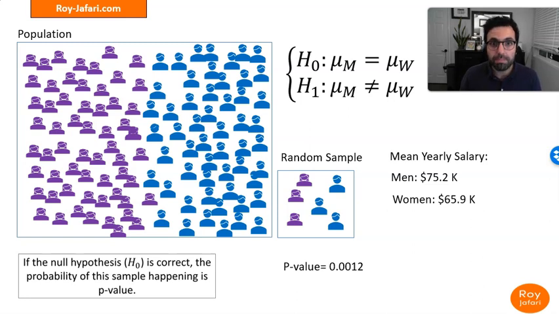What that means is, if we do a random sample from our population, we would expect the random sample to somehow be similar to what's happening in the population. And the fact that the p-value, the probability, is small does not give us the security of knowing that the null hypothesis is incorrect, right?